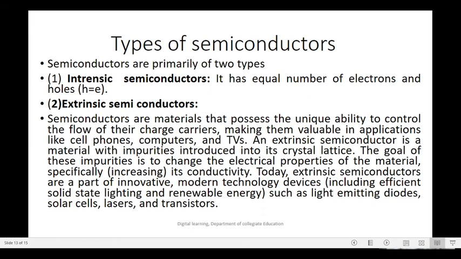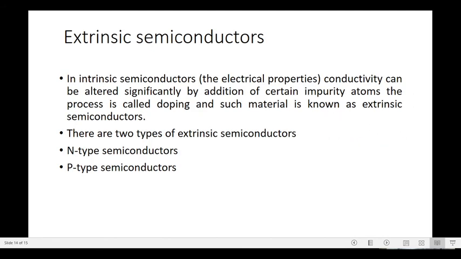The goal of these impurities is to change the electrical properties of the material, specifically increasing its conductivity. Today, extrinsic semiconductors are a part of innovative modern technology devices, including efficient solid state lighting and renewable energy, such as light emitting diodes, solar cells, lasers, and insulators.